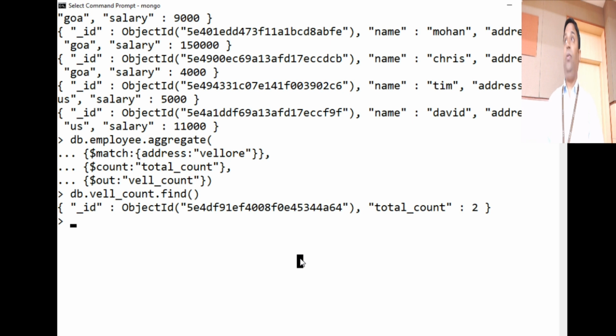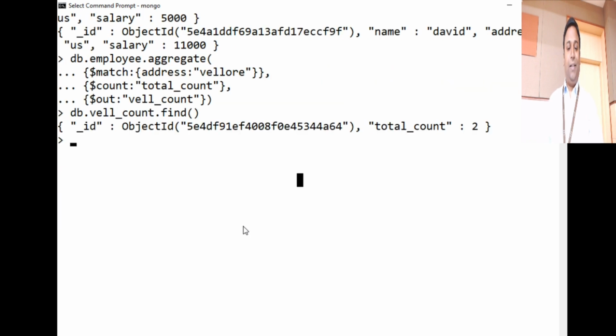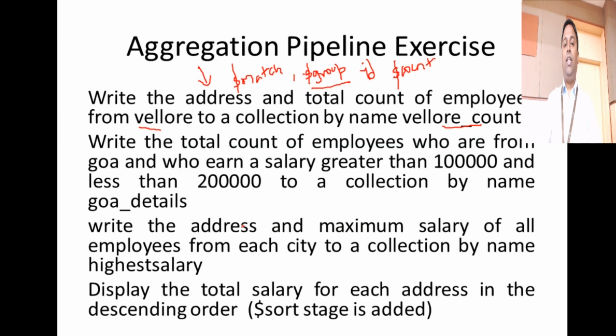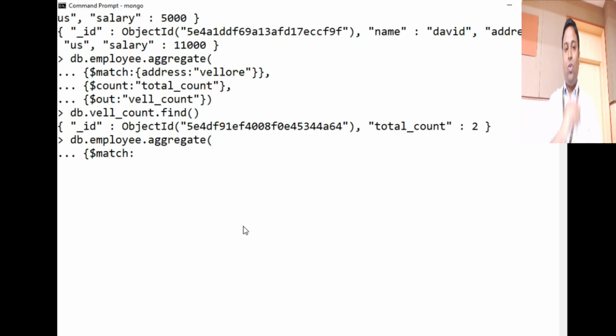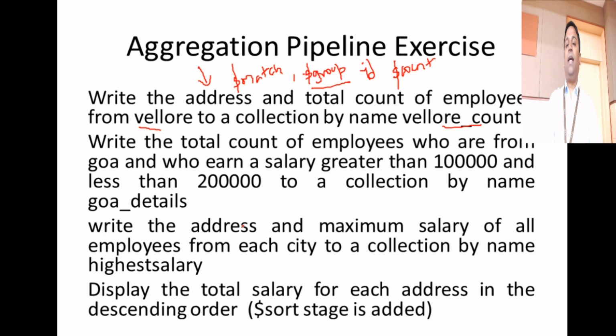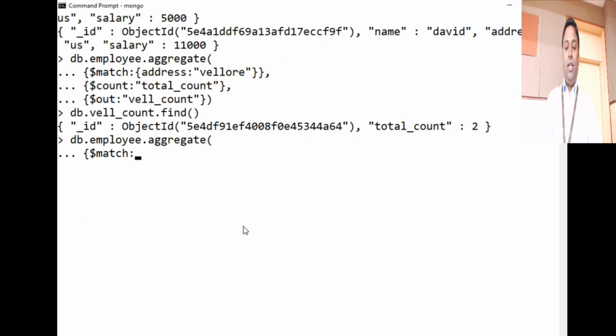I'll try this one, then we'll wind up. db.employee.aggregate. We have a lot of conditions here. So first thing is we are matching with $match. We have 2 conditions for matching: employees who are from Goa, and employees who get a salary greater than 1 lakh and less than 2 lakhs. So obviously you're going to have an $and here, with an array of expressions.